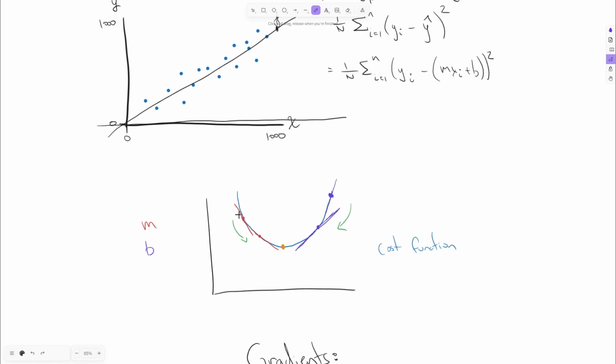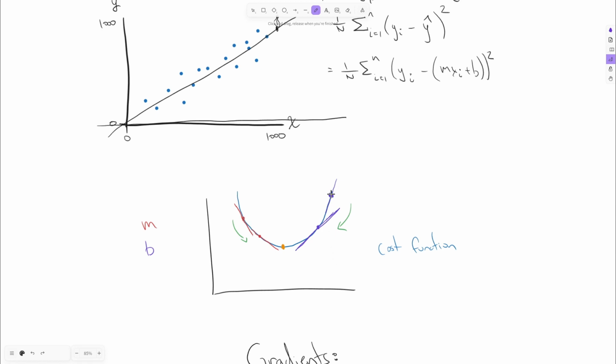So if we take the derivative of the cost function with respect to m here, we would see that this is a negative gradient or a negative slope. And so this means that increasing m will actually get us closer to this minimum value of the cost function, this orange point. And so we actually want to increase m in this case, just a little bit.